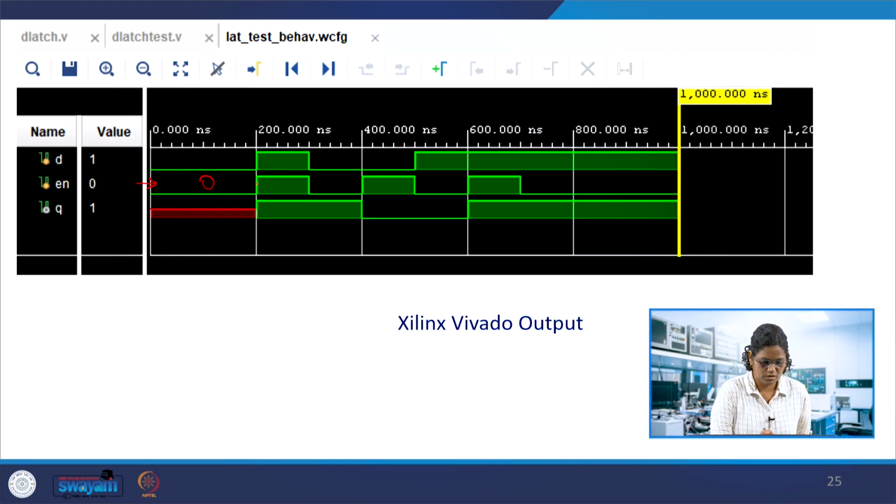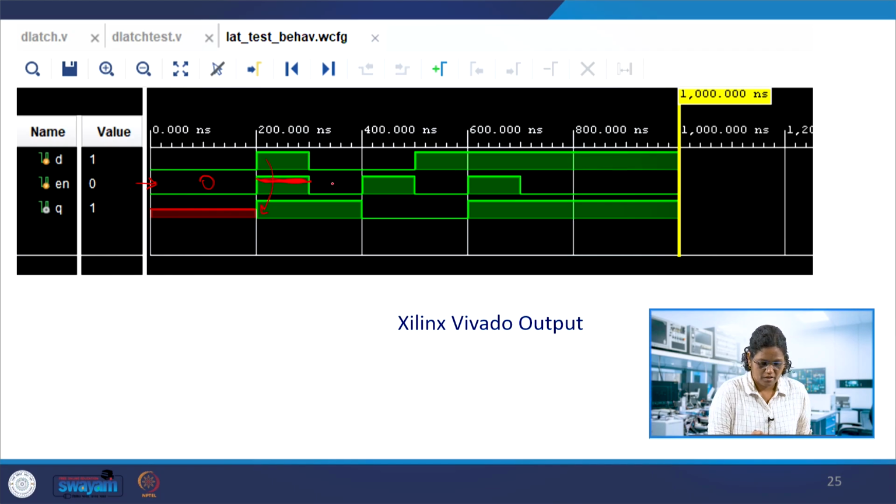It is not looking at the edge. Instead of the edge, it is looking at the duration of enable being 1. So in this duration, when it is level 1, what is the data here? After becoming 1, what is the data here? The data is 1, so it is passed to Q. The data is changing at this point, but you can see that till this enable, enable is 1.